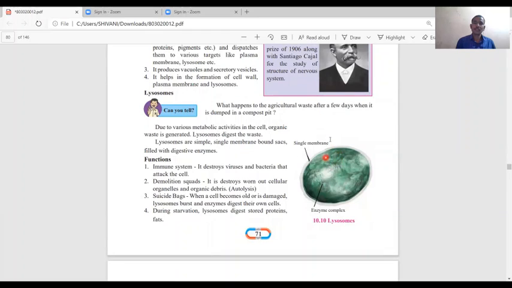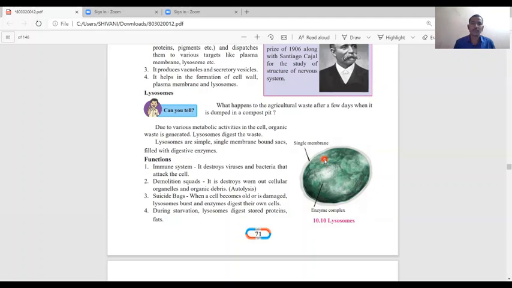This is the structure or figure of a lysosome. A lysosome has a very simple structure. Due to various metabolic activities in the cell, organic waste is generated, and all such organic waste is digested by lysosomes.